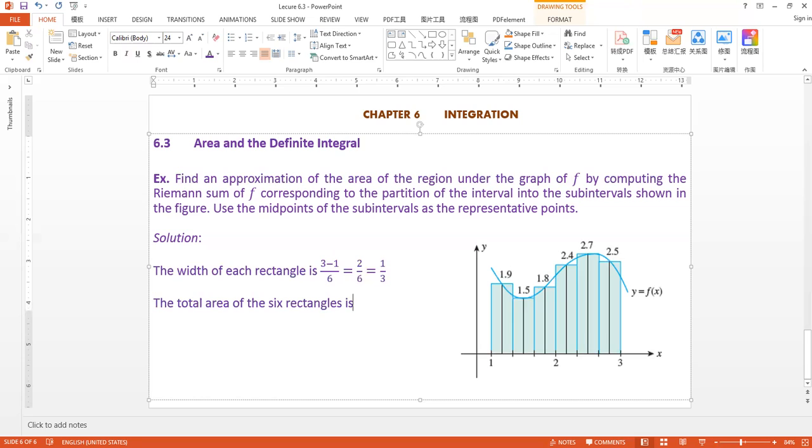The area of a rectangle is width times height. The width of each rectangle is 1/3, as we already found.